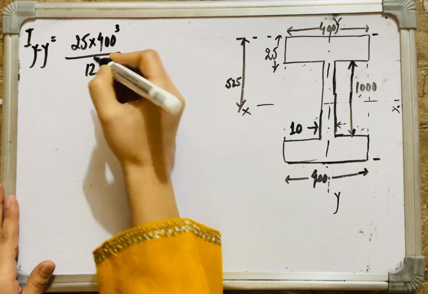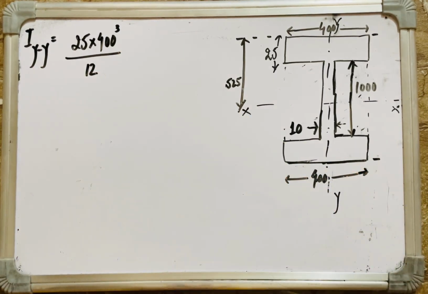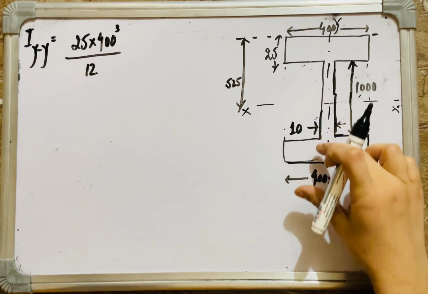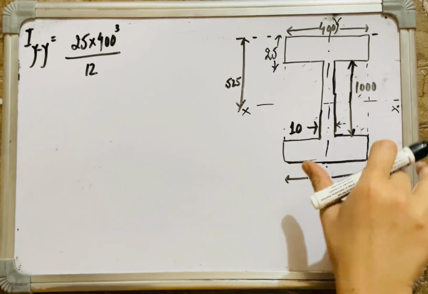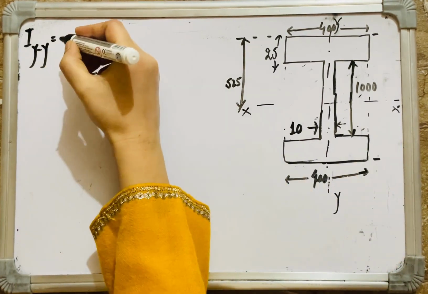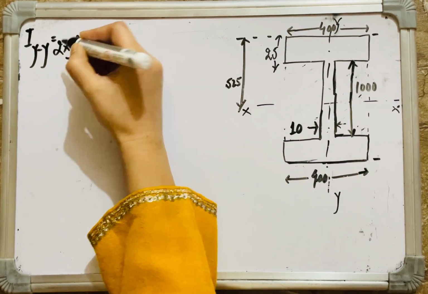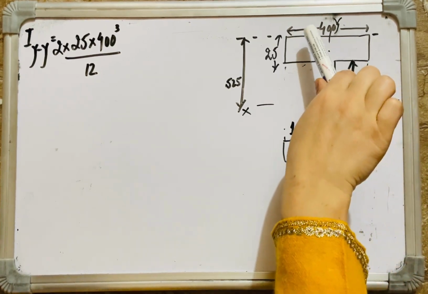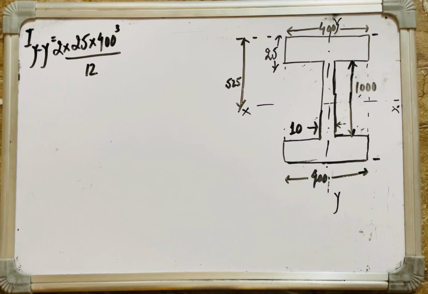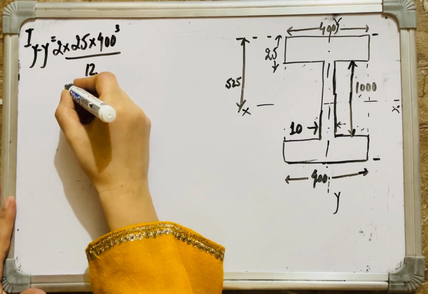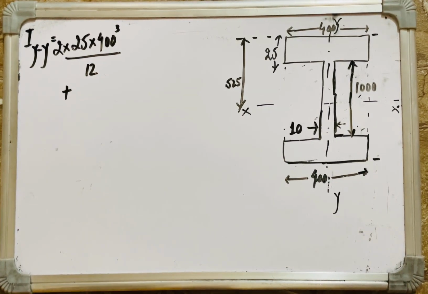Since the bottom flange also has the same dimensions and will have the same moment of inertia about the y axis, I'll multiply it by 2. This is the moment of inertia of the top flange and the bottom flange about the y axis. To this, I have to add the moment of inertia of the web section about the y axis, so that I can get the moment of inertia of the whole I section about the y axis.